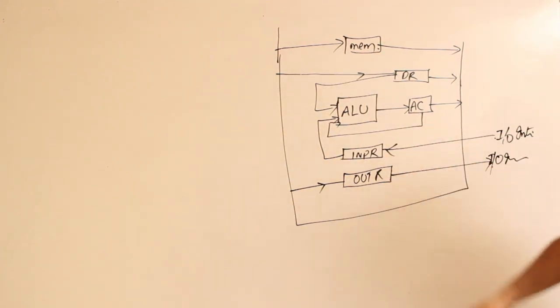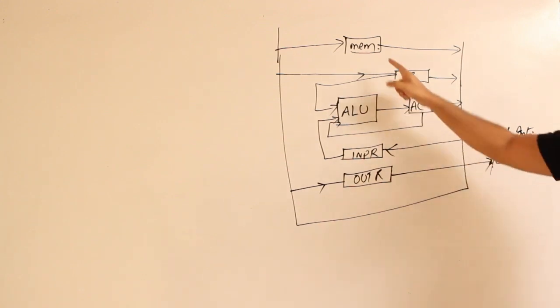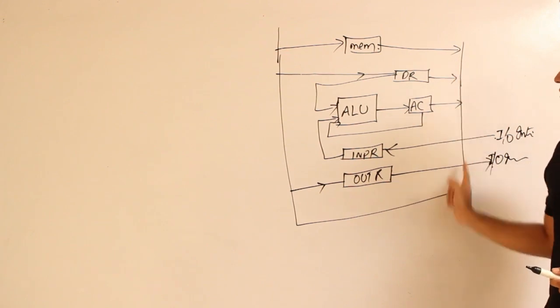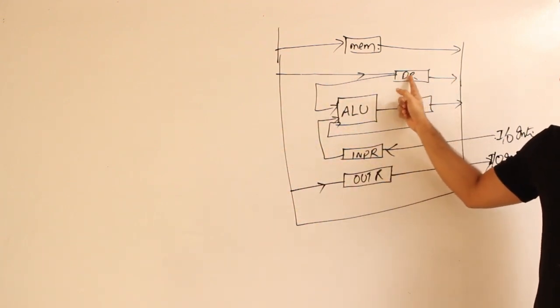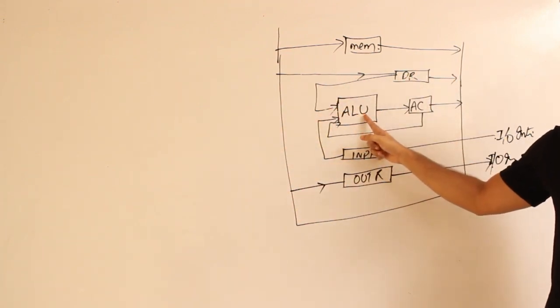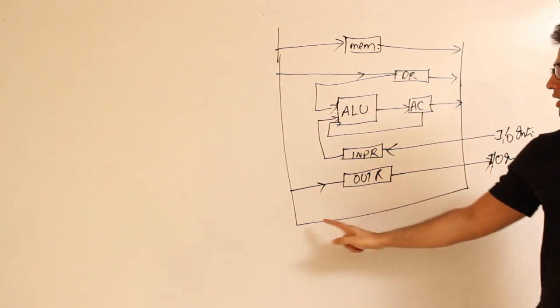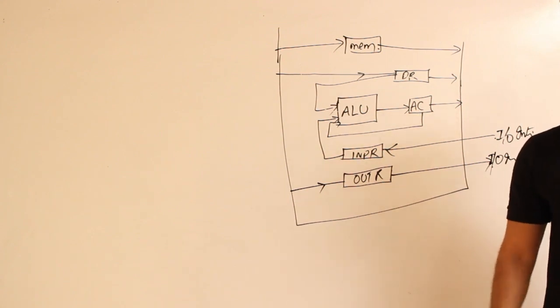And similarly, if you have to write something to the output, then from memory it has to come into the data register, isn't it? From data register it has to come on to the accumulator, and then from accumulator it has to go on to the bus, and from bus it has to get on to the output register.